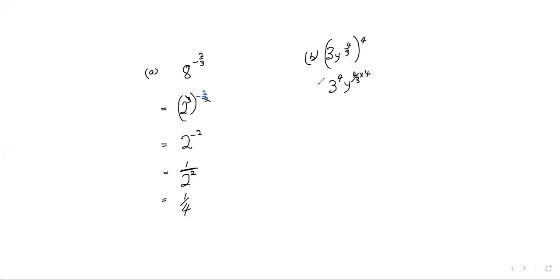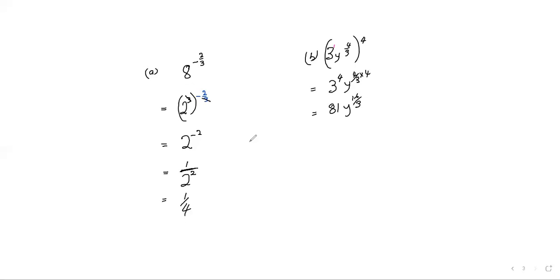So it's 1 times 4, we had an exponent of 1 here. 1 times 4 is 4. 4/3 times 4. That will give us 81 y to the 16/3. That's what you get there.